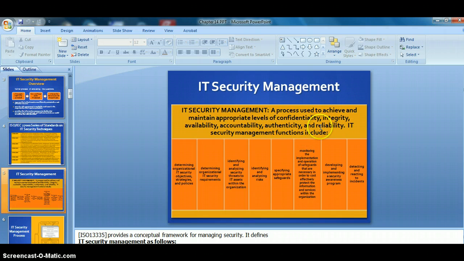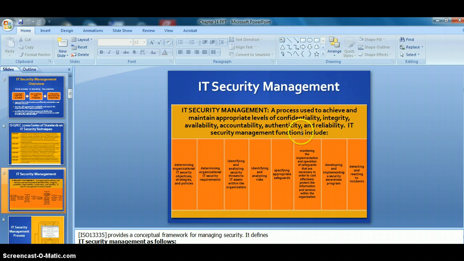We would like to maintain an appropriate level for those security services. Then the IT security management functions include maintaining that appropriate level of the security services.